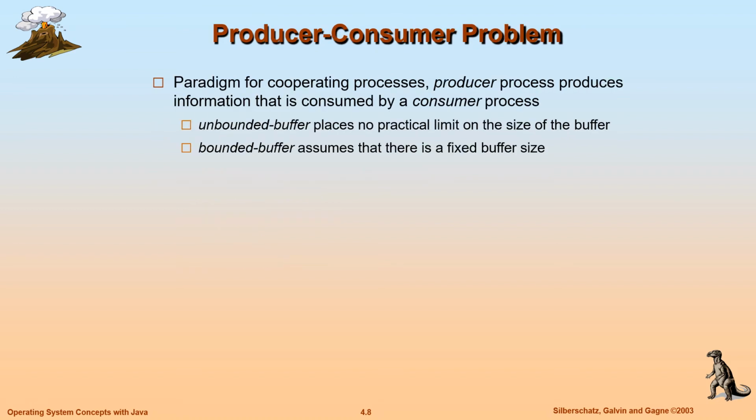An example of a cooperating process is the producer-consumer problem. Here one process produces and another process consumes. Let us see the cooperation between these processes. If the producer has not produced, then the consumer should not consume.